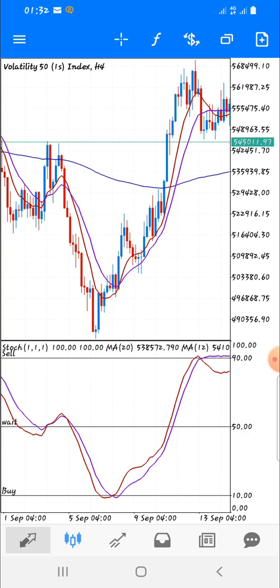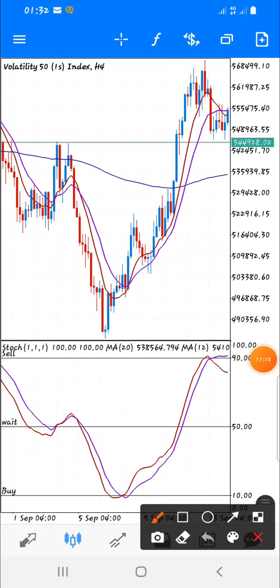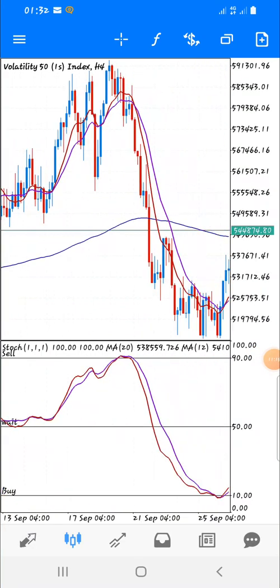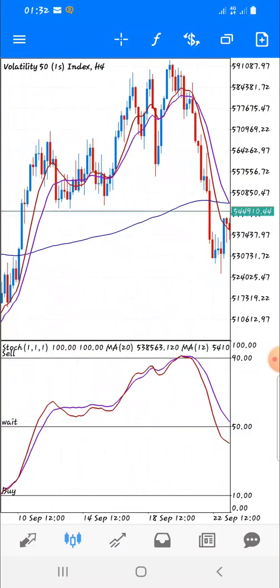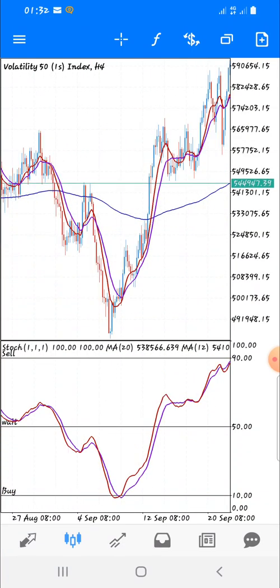The trend is going long. Then what we do is we draw our respective support and resistance lines.